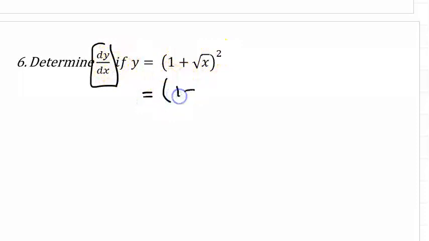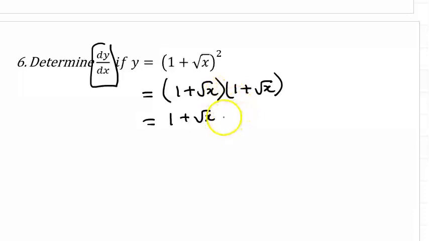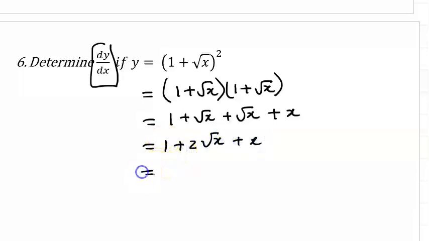Once again, we can expand 1 plus square root of x all squared, or you can use a rule. 1 times 1 is 1, 1 times plus root x is plus root x, times plus 1 is plus square root of x, and square root of x times square root of x is plus x, which is equal to 1 plus 2 root x plus x, which is equal to 1 plus 2x to the half plus x.